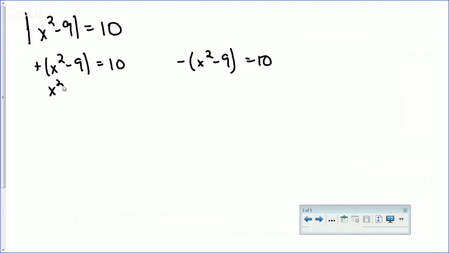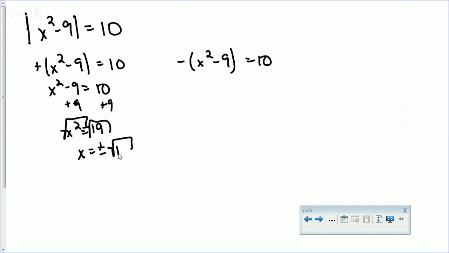So I'll have x squared minus 9 equals 10. Add 9. X squared equals 19. And then square root, you get x equals plus minus radical 19.